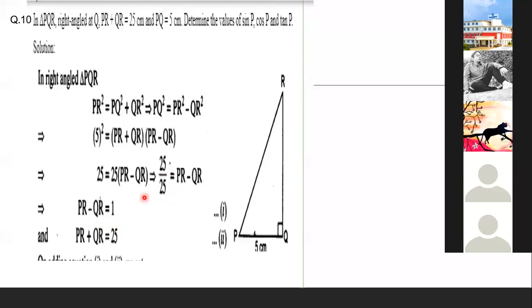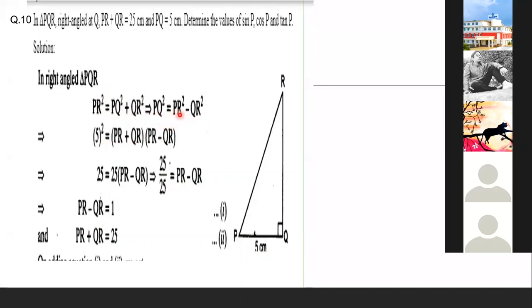By using the Pythagoras theorem, I just exchanged the PQ value they gave. I kept PQ here and QR is shifted towards the left side, so I got this equation. I applied the value of PQ here.